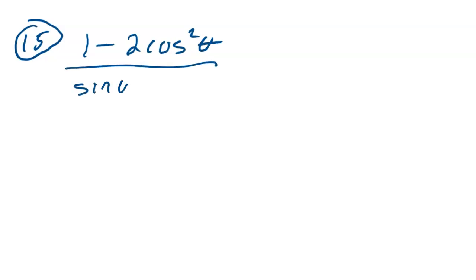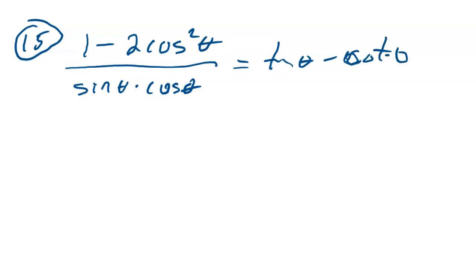Let's see, 1 minus 2 cosine squared theta over sine theta times cosine theta is equal to tangent theta minus cotangent theta. Okay. Don't know what to do. Left-hand side?